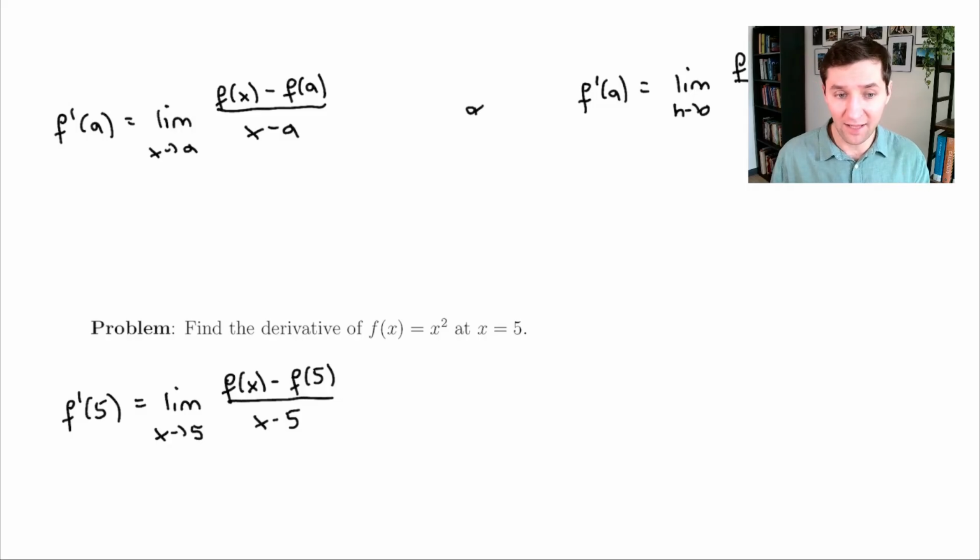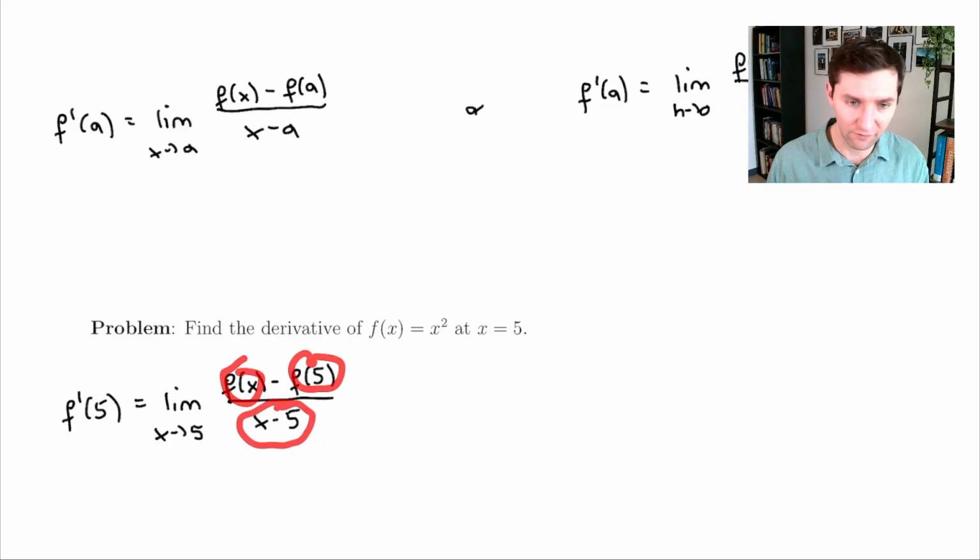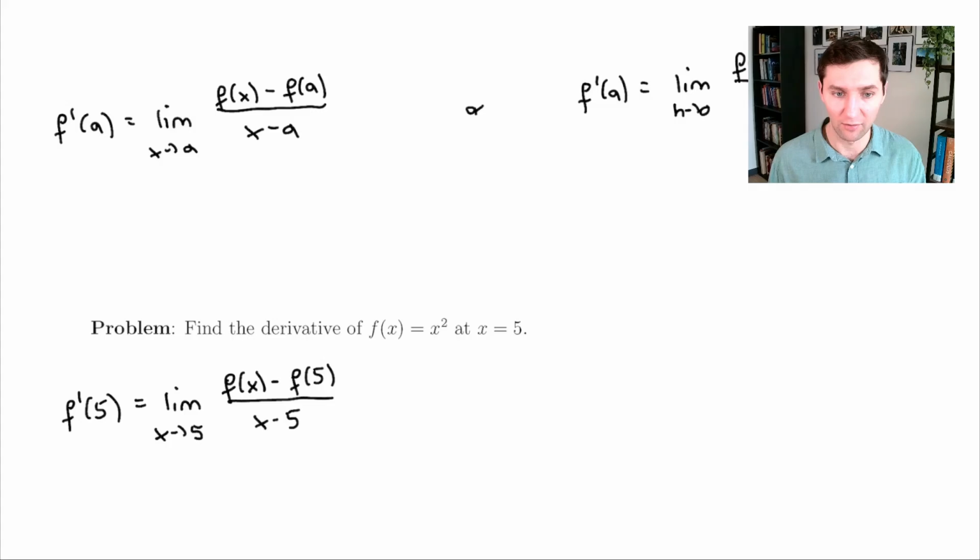Unfortunately, I cannot plug in 5 to this expression to compute the limit, because then I get 0 in the denominator and I get f of 5 minus f of 5 in the numerator, which is also 0. This is of the indeterminate form 0 divided by 0, which suggests I need to apply some algebraic manipulations before I compute this limit.